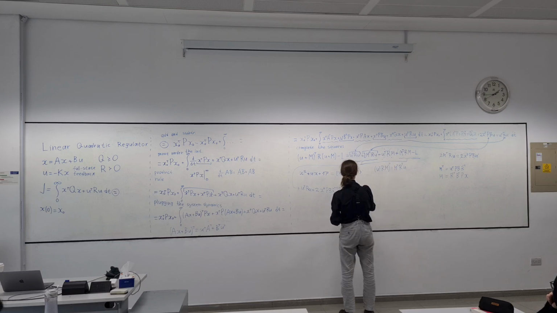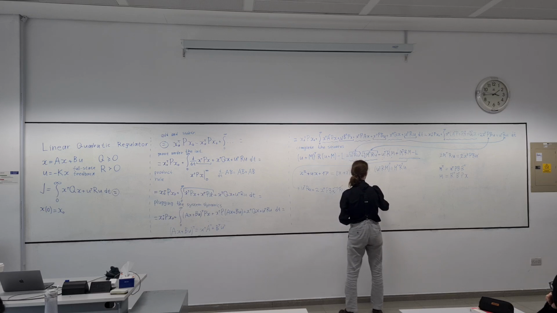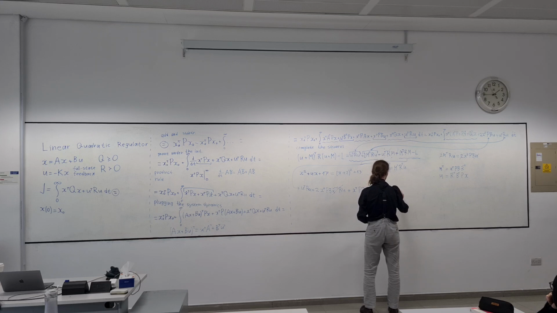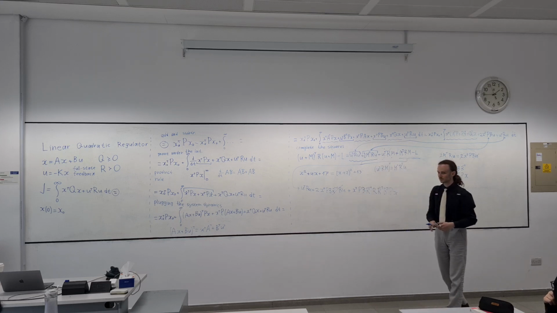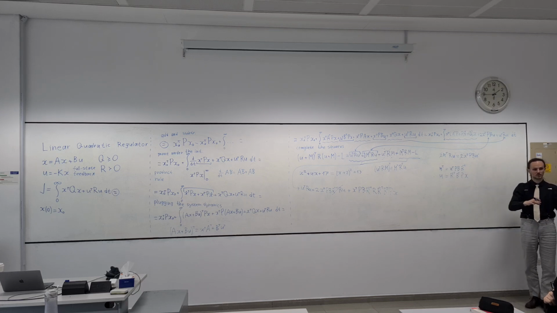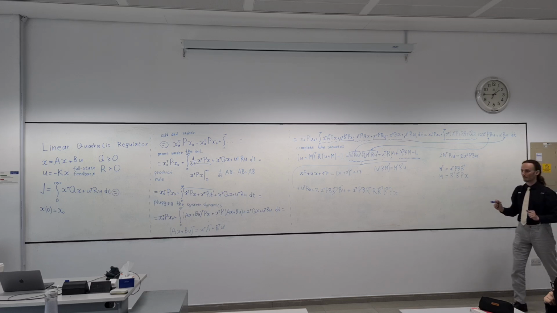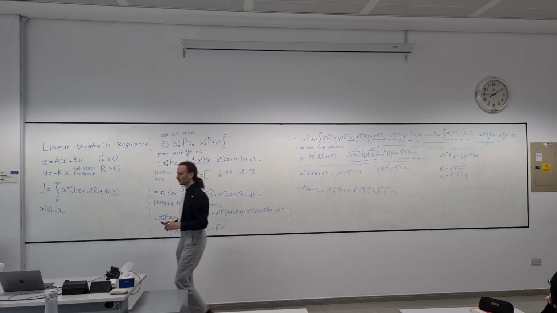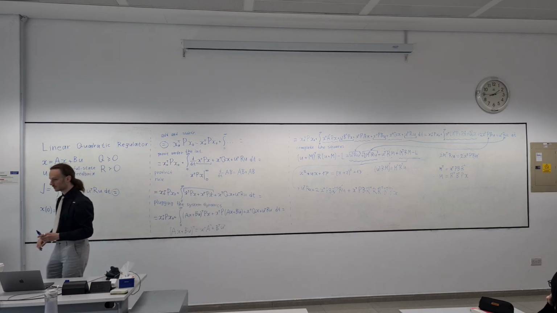So M transpose, X transpose B R inverse, R, R inverse, B transpose, B X. I can go faster or slower if needed. Is R transpose the same as R? Yes, it's symmetric.